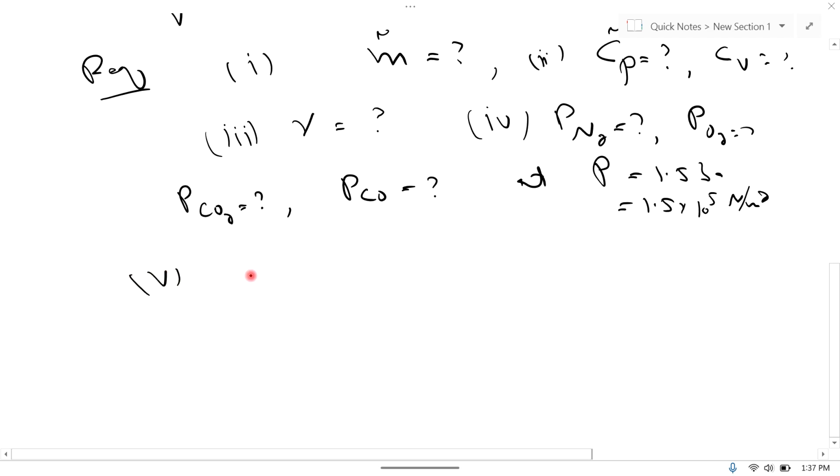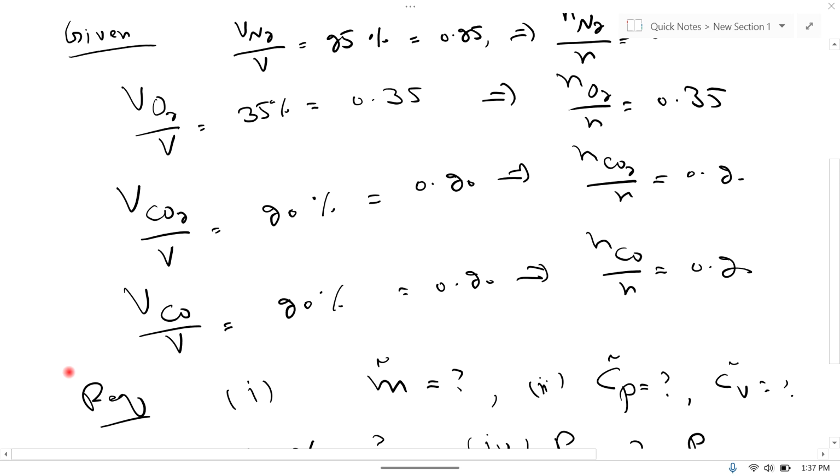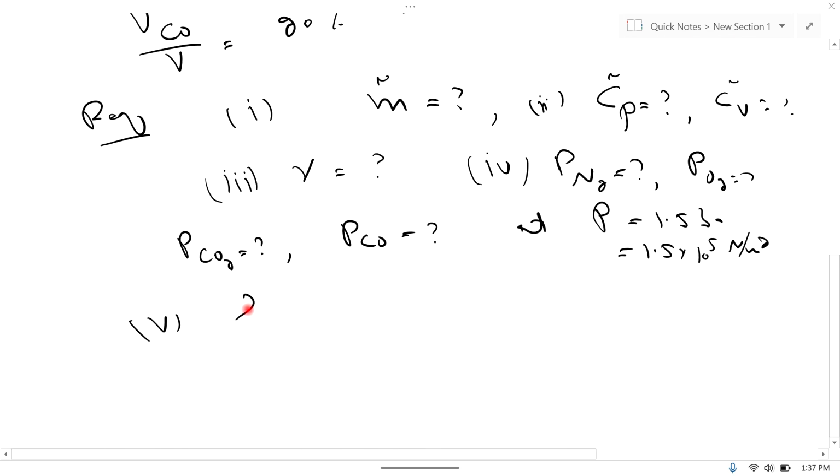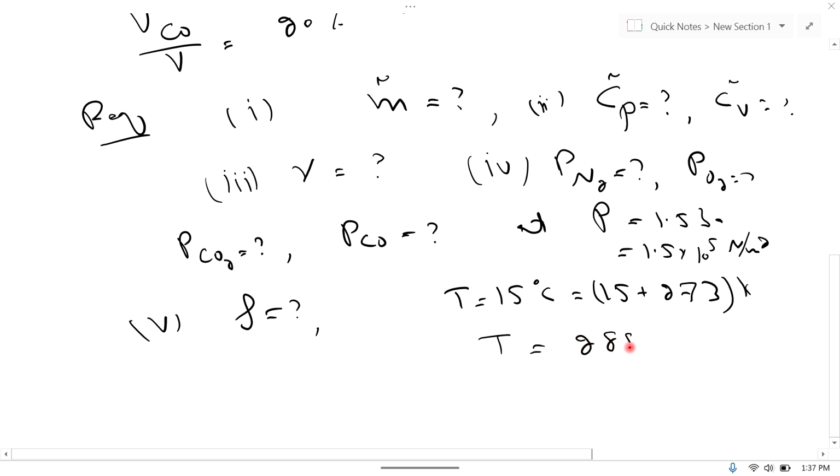Number 5, find the density of the mixture at pressure of 1.5 bar and temperature of 15 degrees centigrade, and 15 degrees centigrade converted to Kelvin is 15 plus 273 Kelvin. So T is equal to 288 Kelvin.